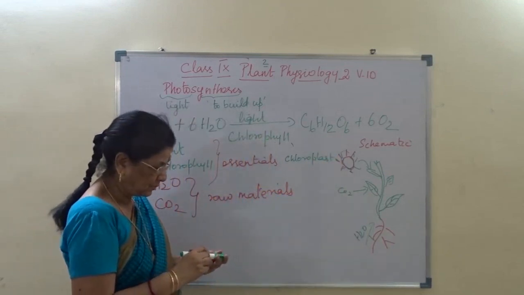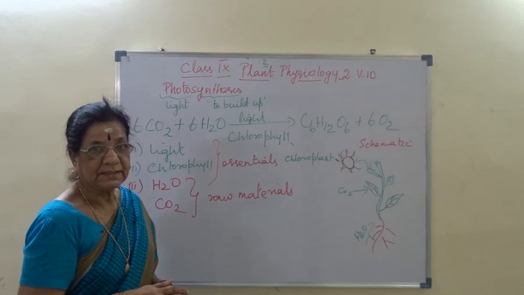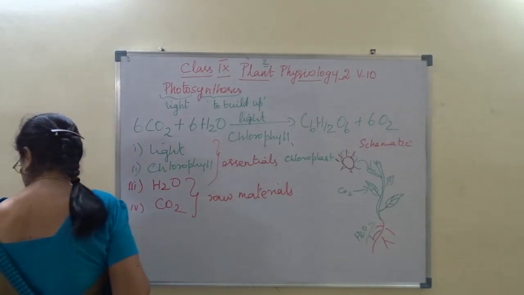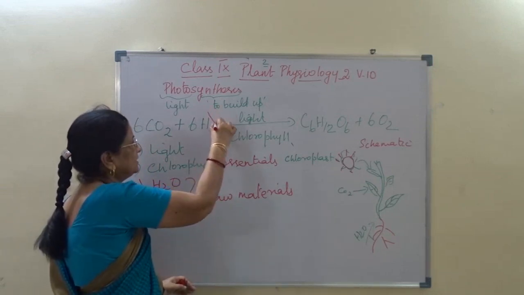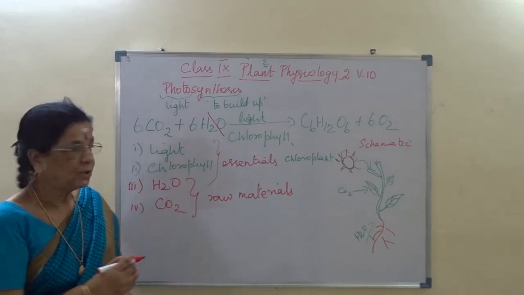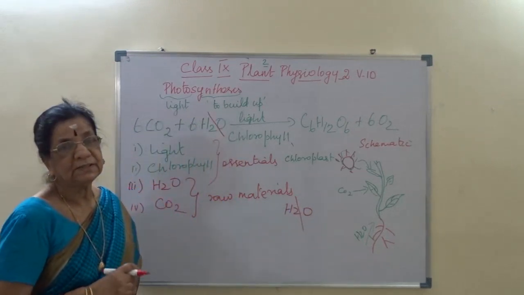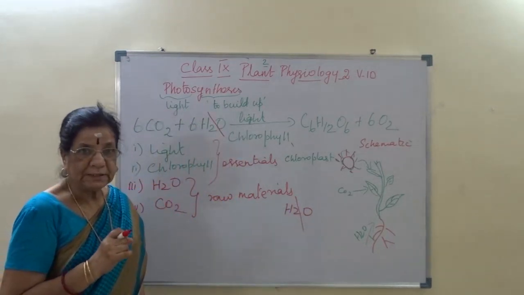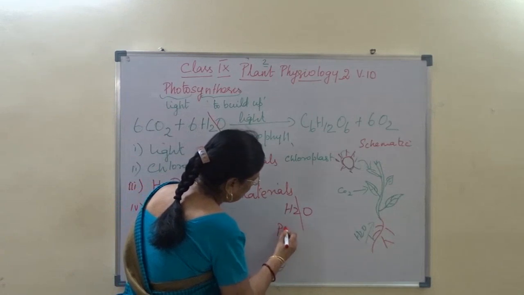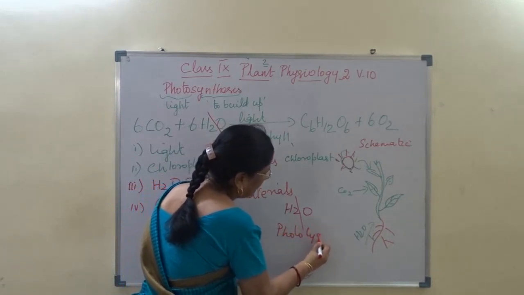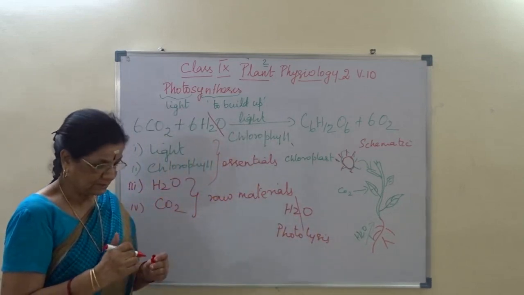In the chloroplast, when sunlight falls, it becomes excited, and the water reacts, getting split into hydrogen and oxygen. This splitting of water in the presence of light is called photolysis.